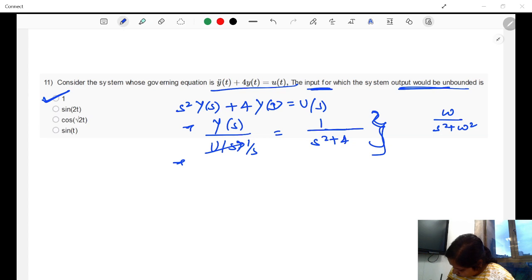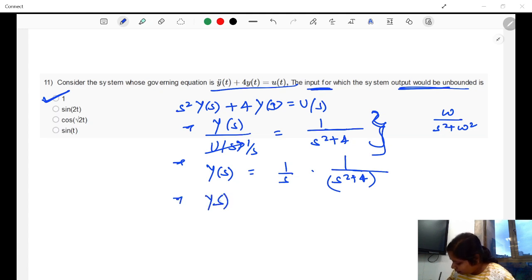Now what we'll do is Y(s) is equal to 1 by s into 1 upon s square plus 4. So if you try to find out, it would be Y(s) is equal to A upon s plus (Bs plus C) upon s square plus 4.